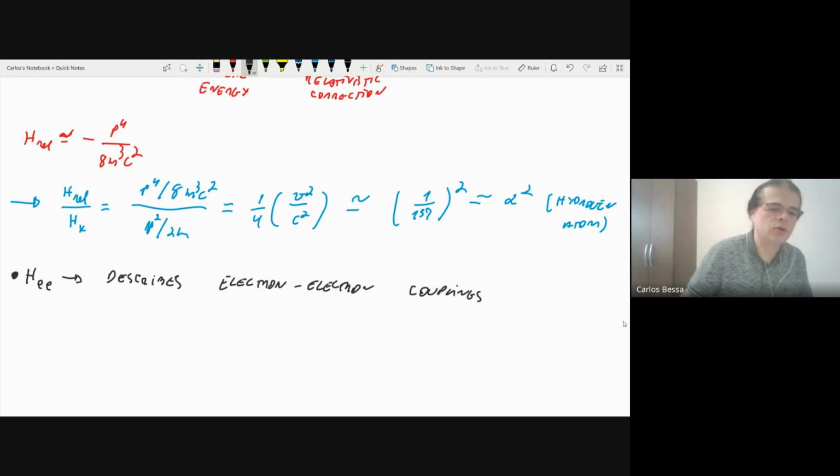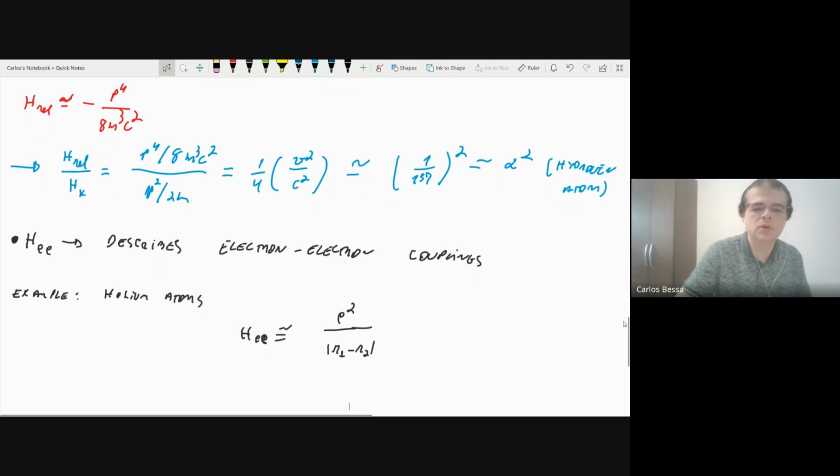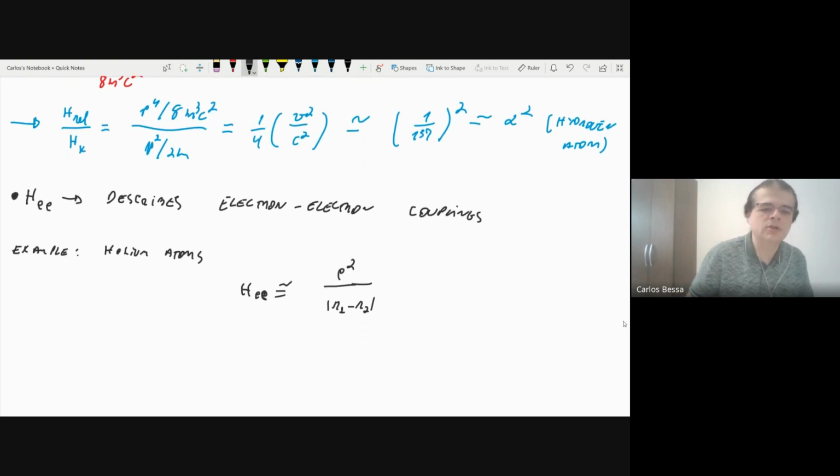The example of this is for helium atoms, where this term is about e squared over r1 minus r2, where r1 and r2 are the positions of the two electrons.